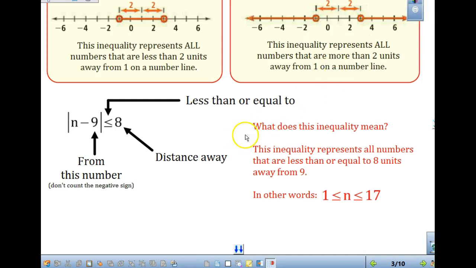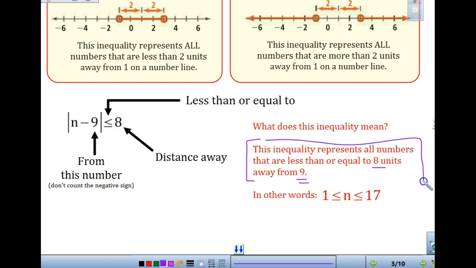So in words, you might see this in an assignment. Write the inequality for all numbers that are less or equal to 8 units away from 9. Make sure you write this sentence down because in your homework, I'm going to give you this and you have to translate it to this.